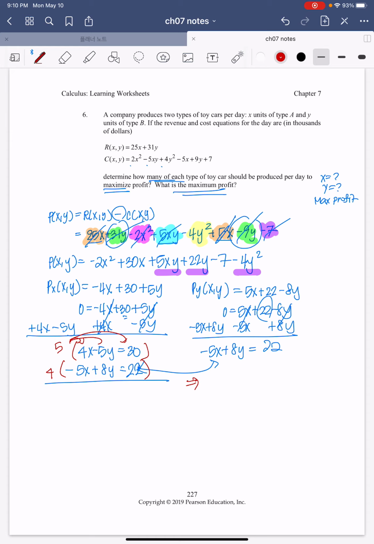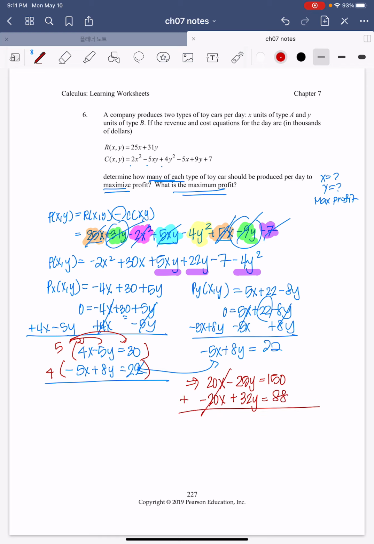So I have 20x minus 25y equal to 150. Here I'm going to have negative 20x plus 32y equal to 22 times 4, which is 88.